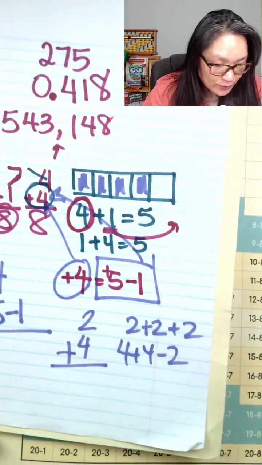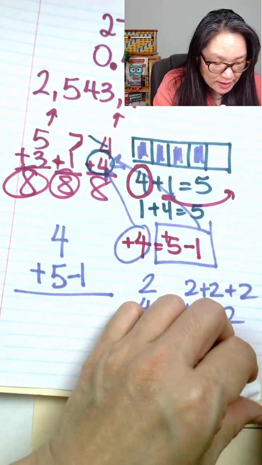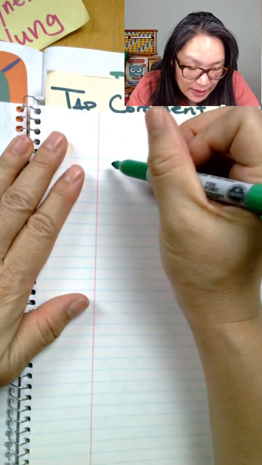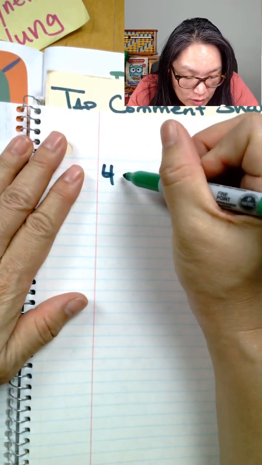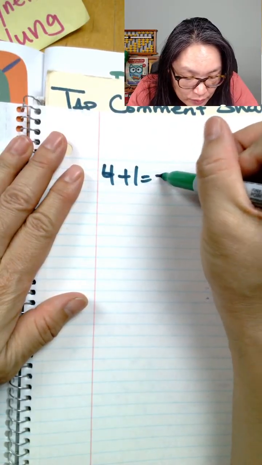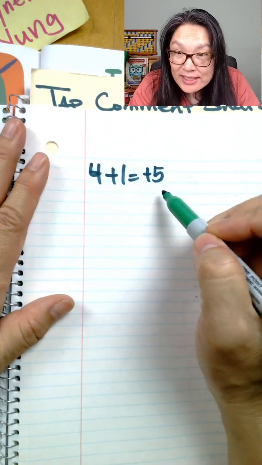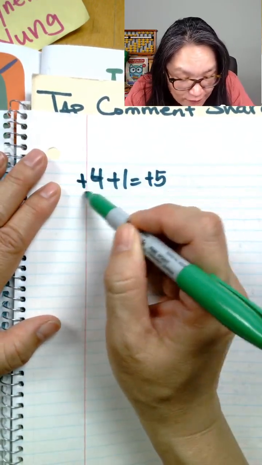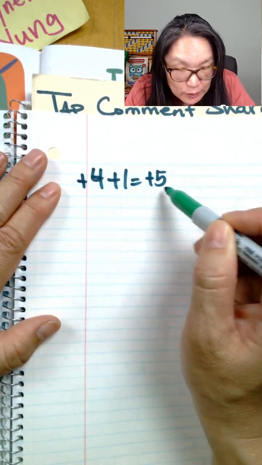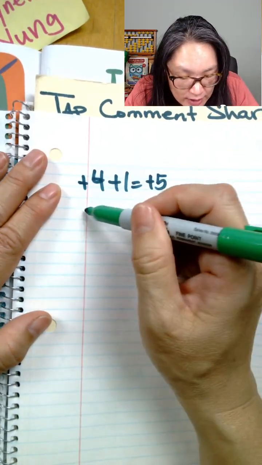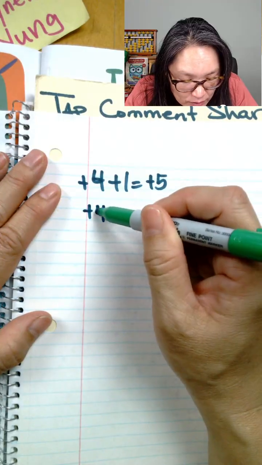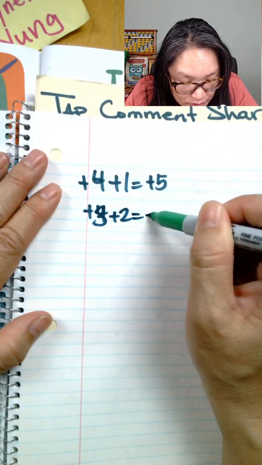One of the things that I was mentioning is when we look at our 5 formula, one thing to look at is if you think about it, 4 plus 1 is equal to 5. Now what we can say is plus 5. So 4 plus 1 equals plus 5, that makes sense, right? And the reason why I do this is because 3 plus 2 is equal to plus 5.